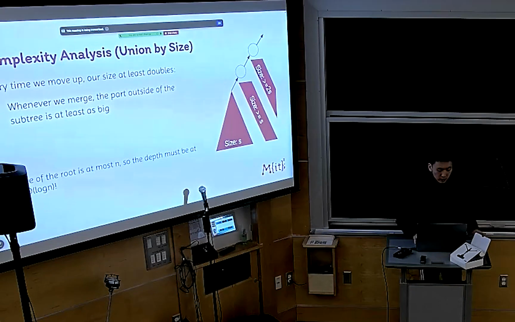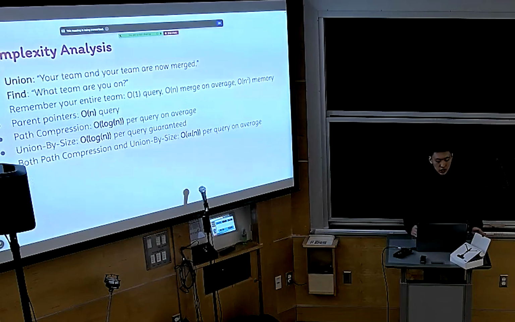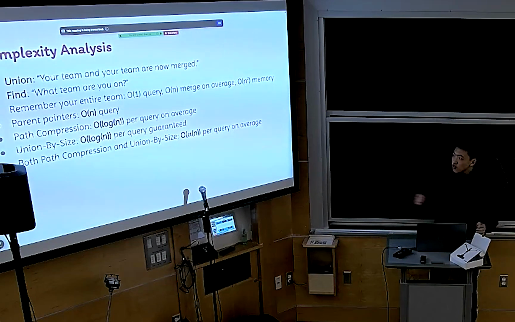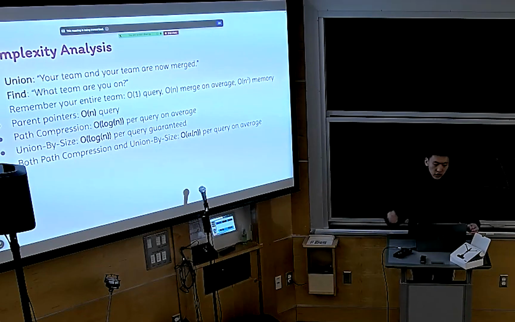So I'll briefly mention the complexity of the other observations that we made. Remembering your entire team is O of n on average, but you don't need to figure out why that's the case. You just need to know it's slow. Parent pointers is also O of n per query, which is not very good because you need to go up the chain every time.